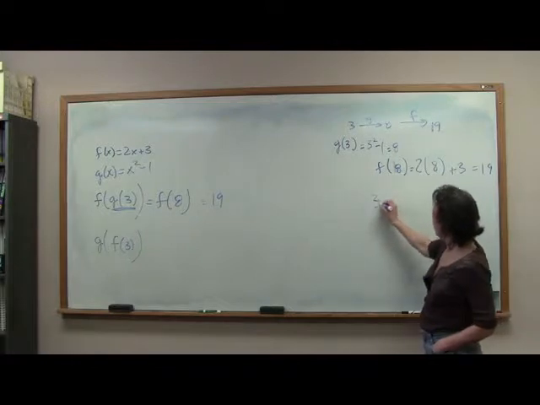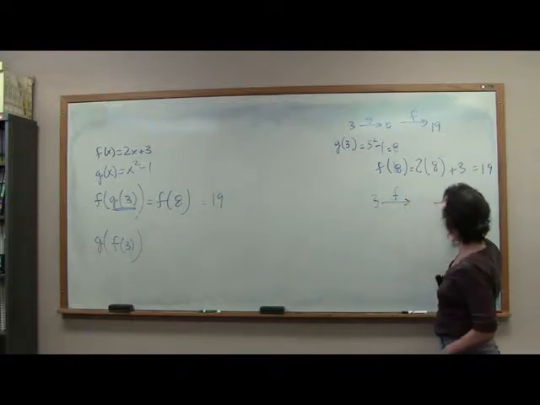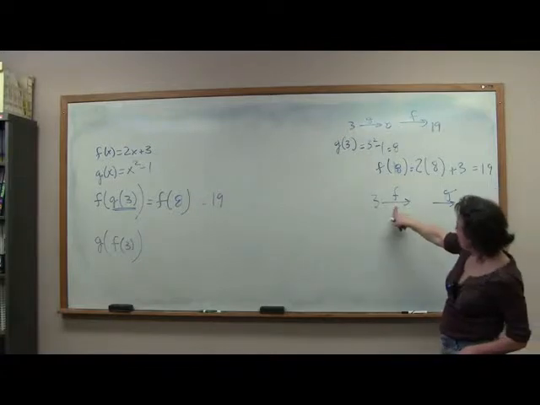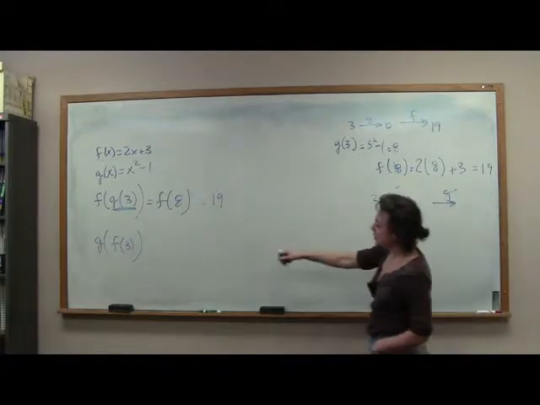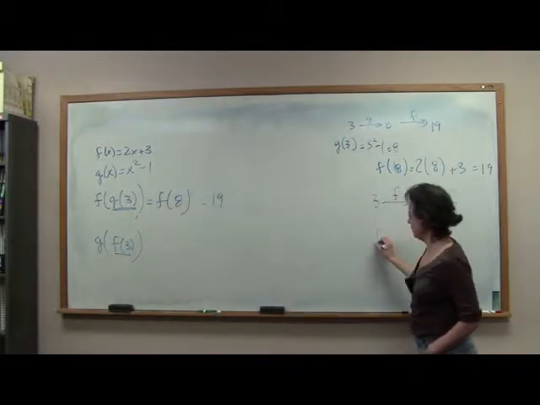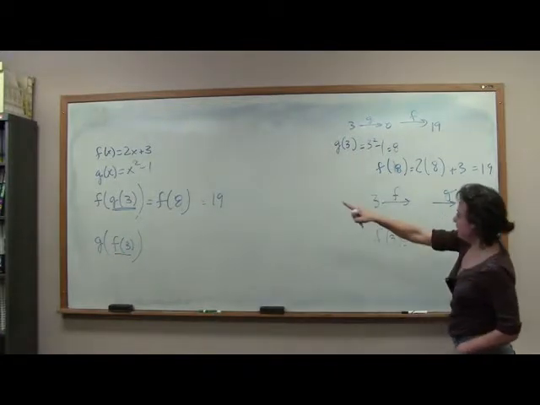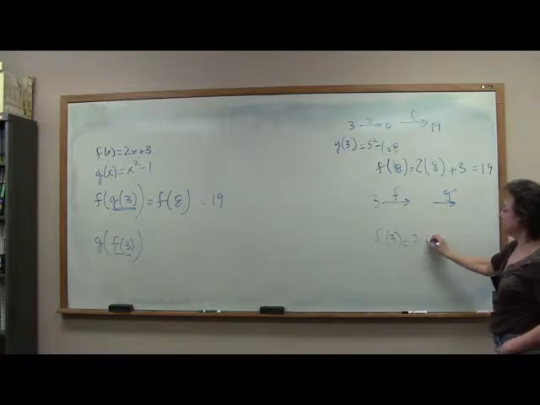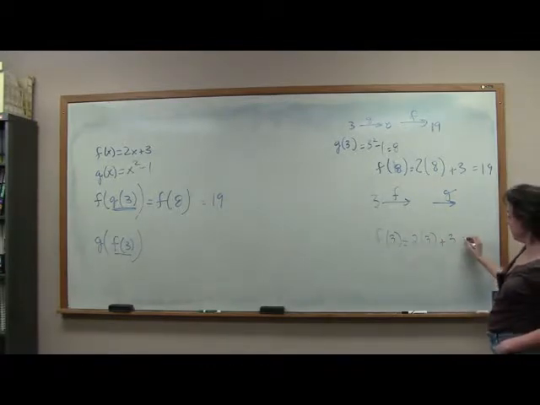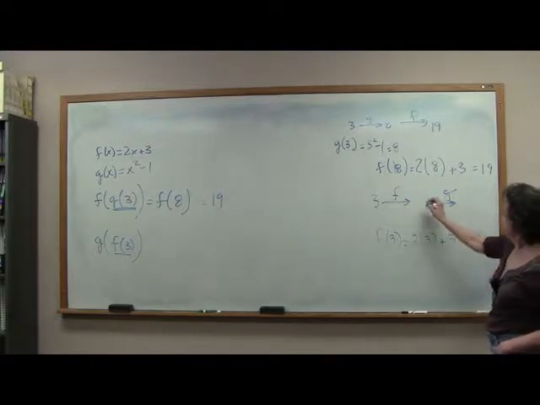Now we're starting with 3 and we want to plug them in f, and then we'll take that output and plug them in g. So the first thing we need to do, again we work inside out, is compute f of 3. Well, so we're going to take 3 and plug them into f. So we get 2 times 3 plus 3, which is 9.